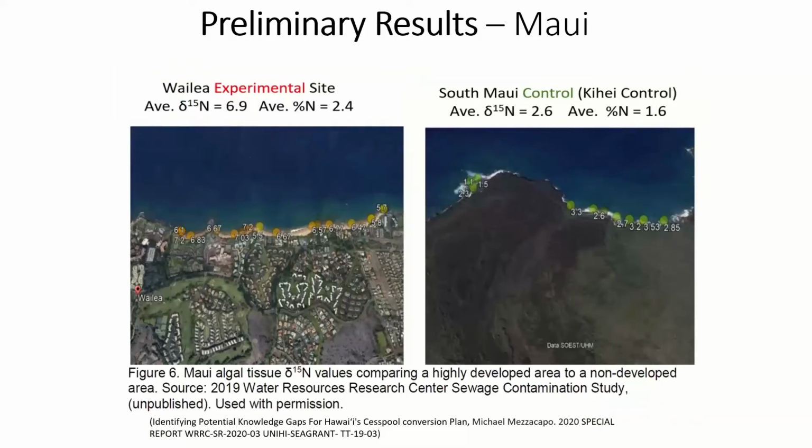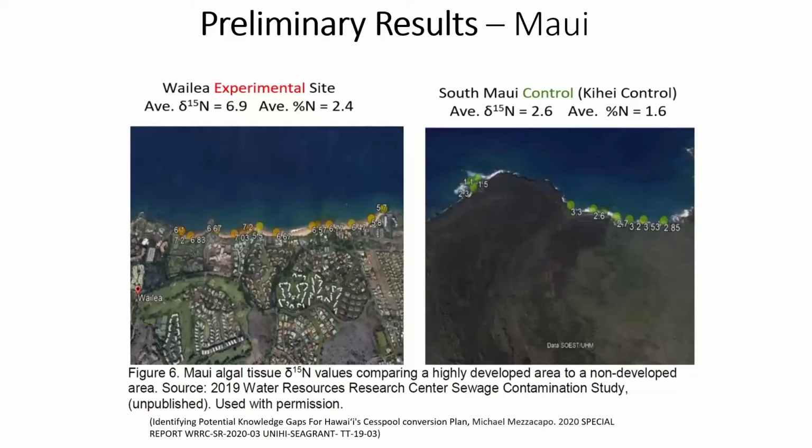Here is another preliminary result, recently published by Michael Mezzacapo in a white paper. If we look at the left image, this is an experimental site on Maui in Wailea.